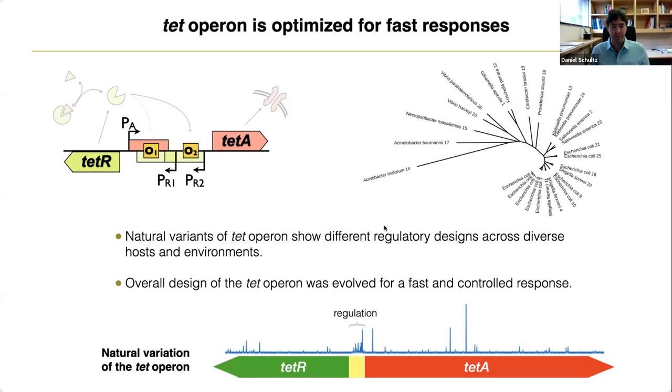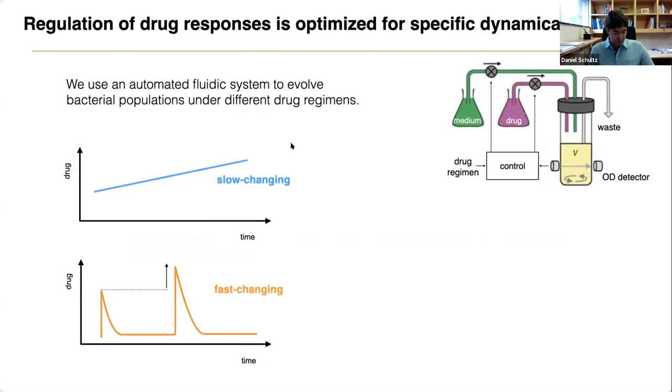And if we look at gene databases for all the homologs of this operon, and look at the variation along the mechanism, we see that this region containing the regulation has a lot of diversity. So this suggests a strong role in adaptation of this mechanism to different hosts or environments.